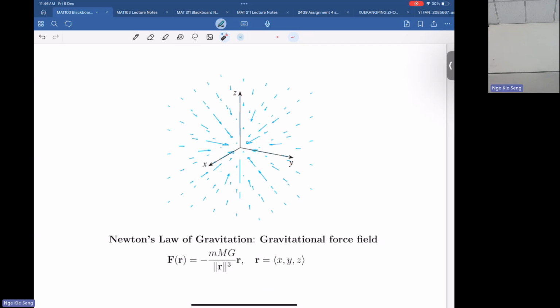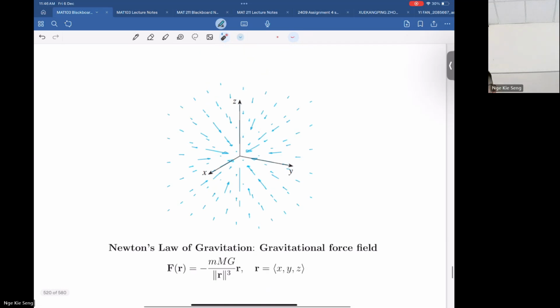Negative reverses the direction. So going inwards. But here it seems like they divide by more than the length, right? So they divide by the cube of this norm here, more than the length.